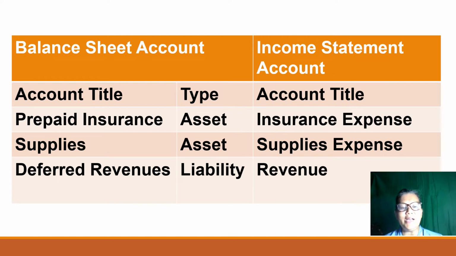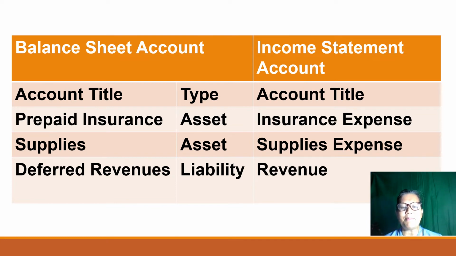To continue, let us discuss the prepaid insurance, supplies, and deferred revenues. Prepaid insurance is classified as asset, and then the expense is insurance expense. But last, we have two methods in recording the prepayments.